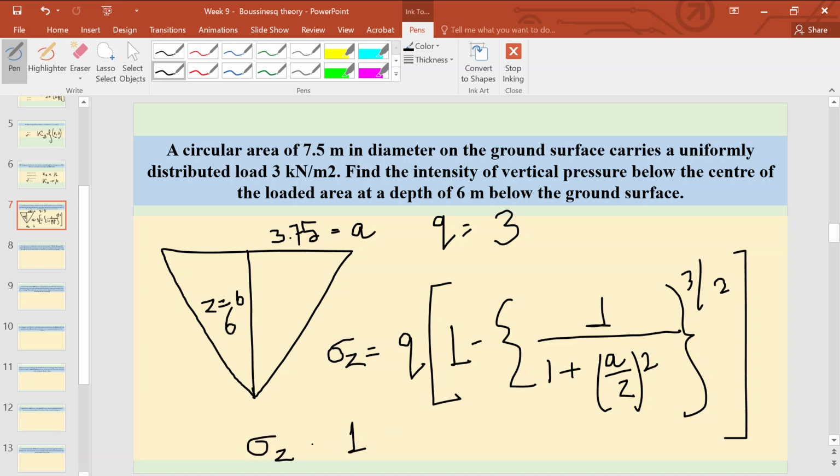Solving it like this, sigma z equals 1.17 kilonewton per meter square, approximately as you mentioned. I think you solved this using the other formula, which takes the angle.